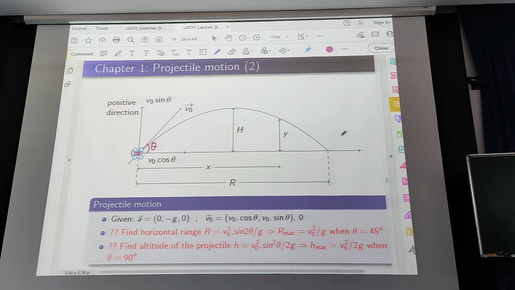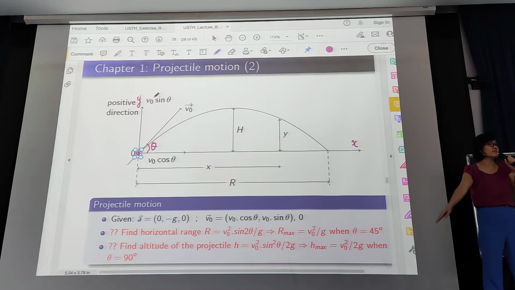I choose this axis OX, this OY. In this case, you need two components to describe the motion of this particle. One dimension is not enough. You need two dimensions, because the object will be moving in a plane instead of a straight line. Alright?